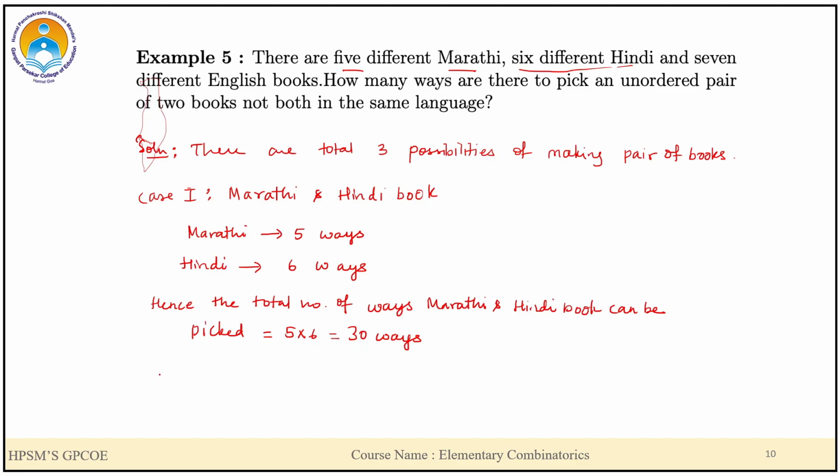Now let us look at case 2, that is Hindi and English book. Okay, now Hindi book can be picked in 6 ways and English book can be picked in 7 ways, right? Now we need to find out how many pairs of books are there where both books are from Hindi and English. So Hindi in 6 ways and English in 7 ways.